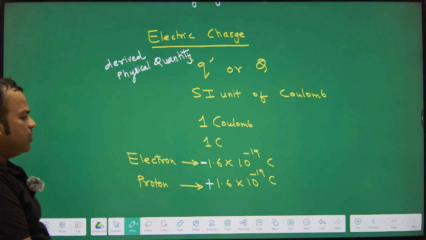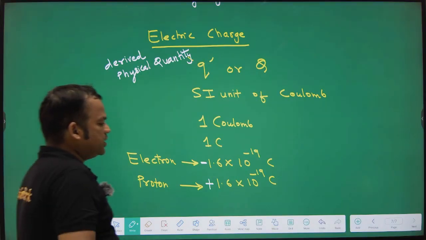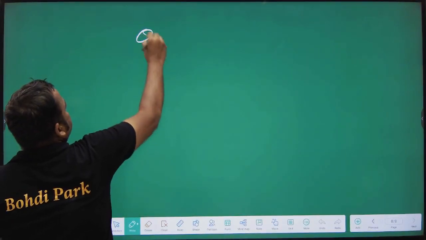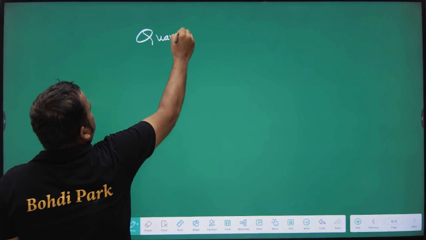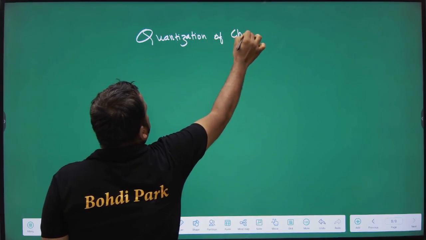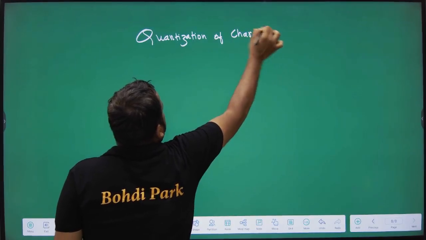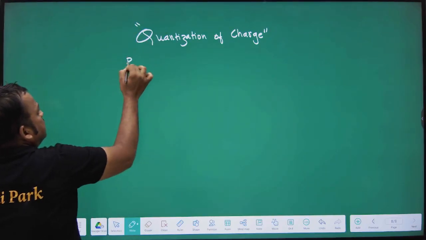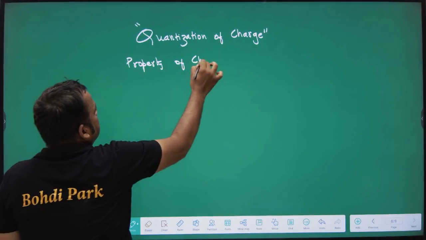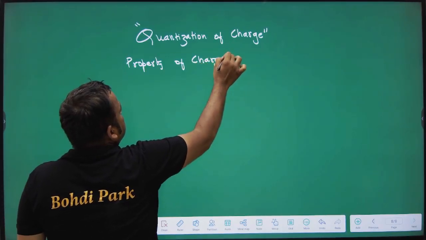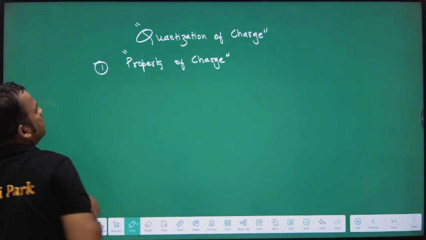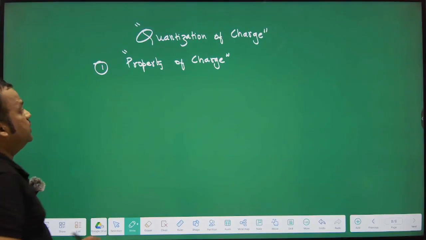So let's learn one concept, that is the quantization of charge. We can say it is the first property of charge.